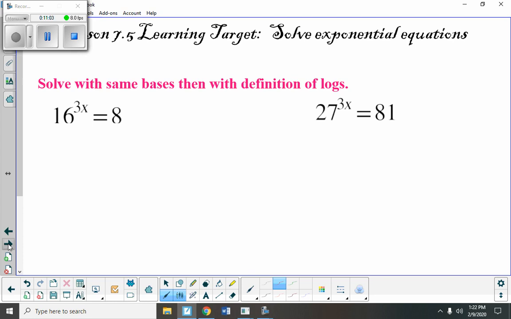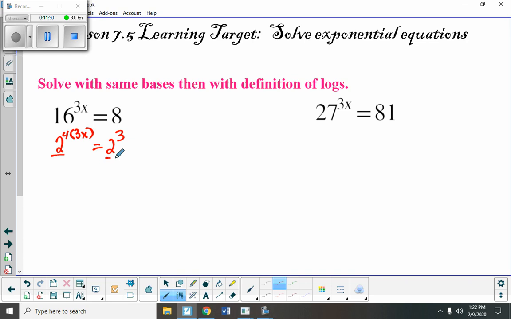Now we have some other examples, and I want to show you that you could solve these by getting the same base, or we can use the definition of logs. So 16 and 8, those could both be written with bases of 2. 2 to the 4th is equal to 16, and then we have 3x, and 8 is equal to 2 to the 3rd.